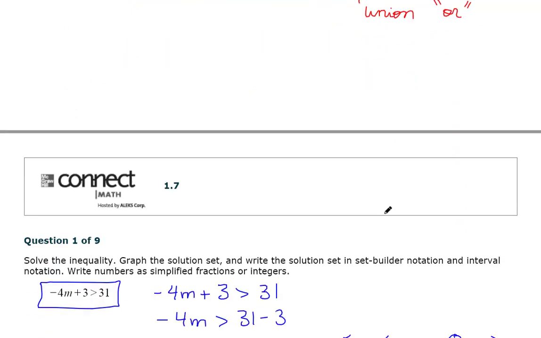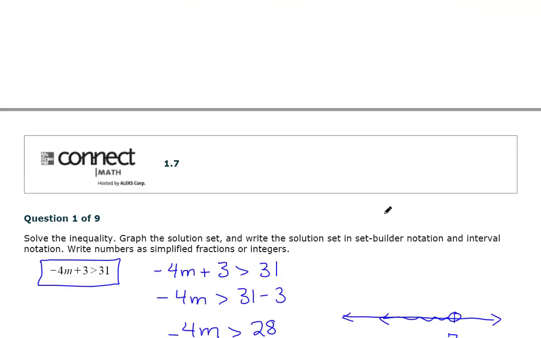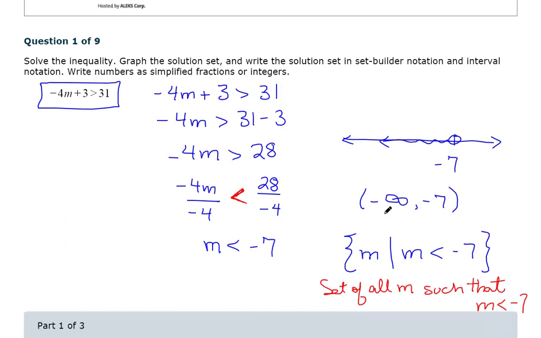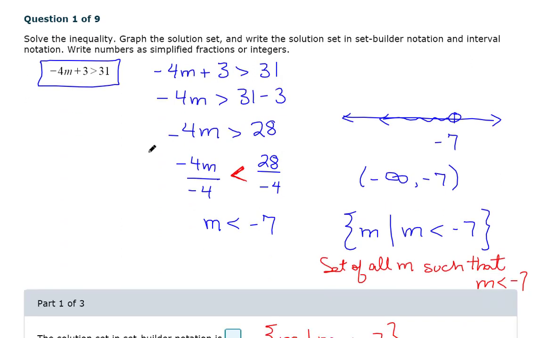All right, so with all that aside, let's look at solving some problems. So here in question 1, we have an inequality. I'd like to solve it like a normal equation. Remember, the only exception is if I multiply or divide by a negative number. So let's see, I'm going to subtract 3.